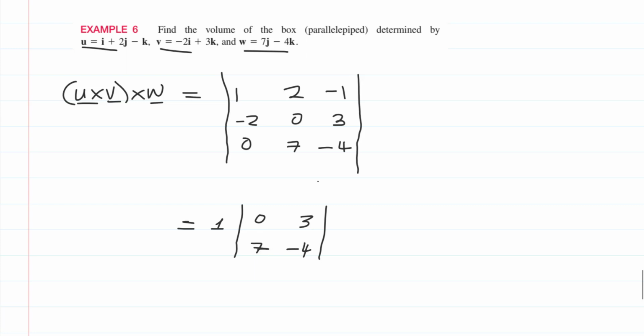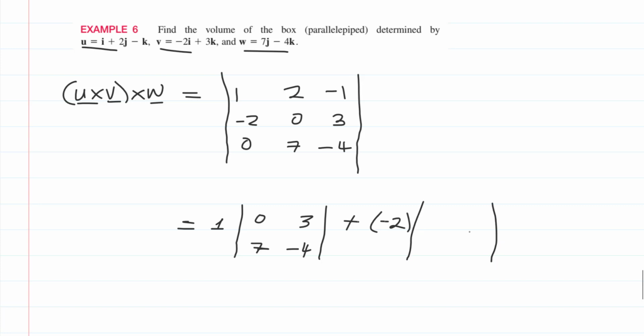Then of course the second one will be plus 2, but it will be negative, because remember the pivots change sign: positive, negative, positive. So you just have to add on that sign there.